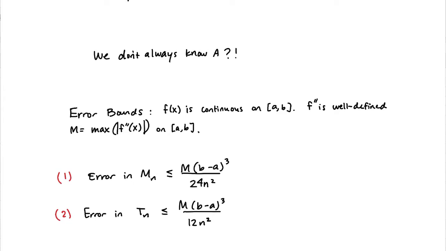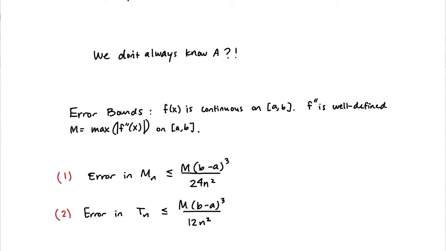If you didn't do very many intervals, your error can be pretty big, because you're dividing by a very small number. If you make your n big, you are dividing by a very large number. When you divide by a large number, that makes your fraction smaller. Like 1 over 100 is smaller than 1 over 4, right? So this confirms what we knew: you do more subintervals in your partition, and you get a more accurate result.